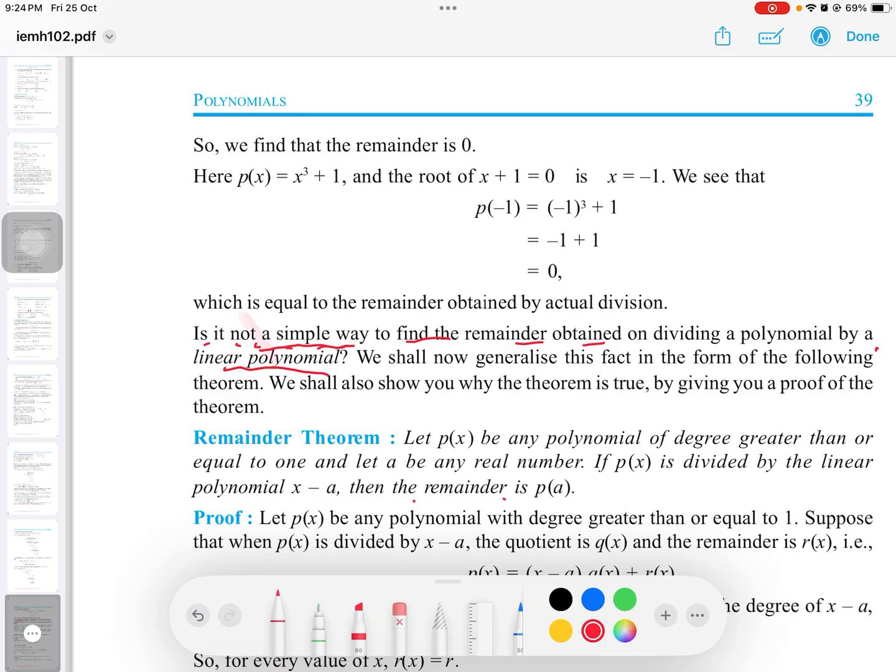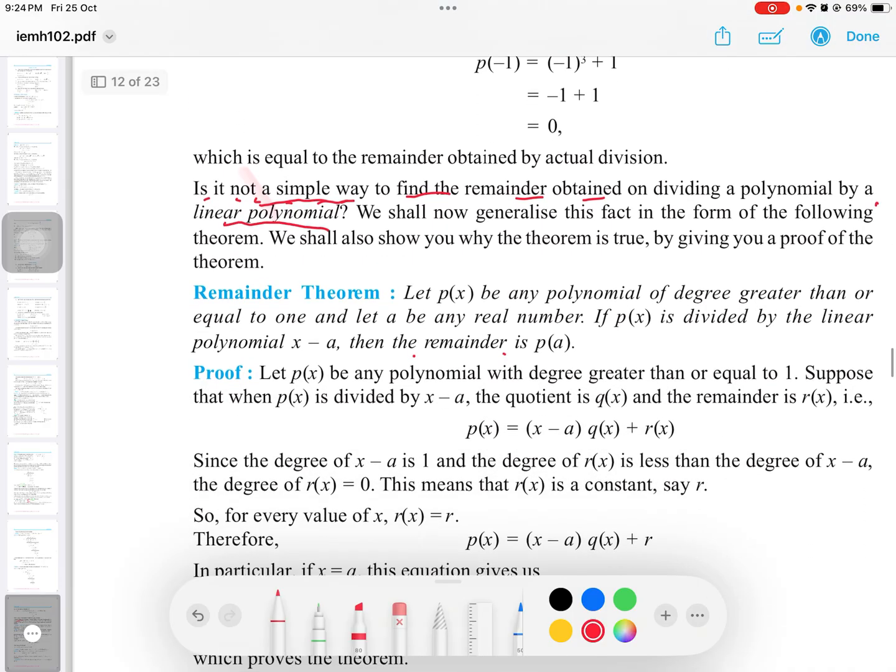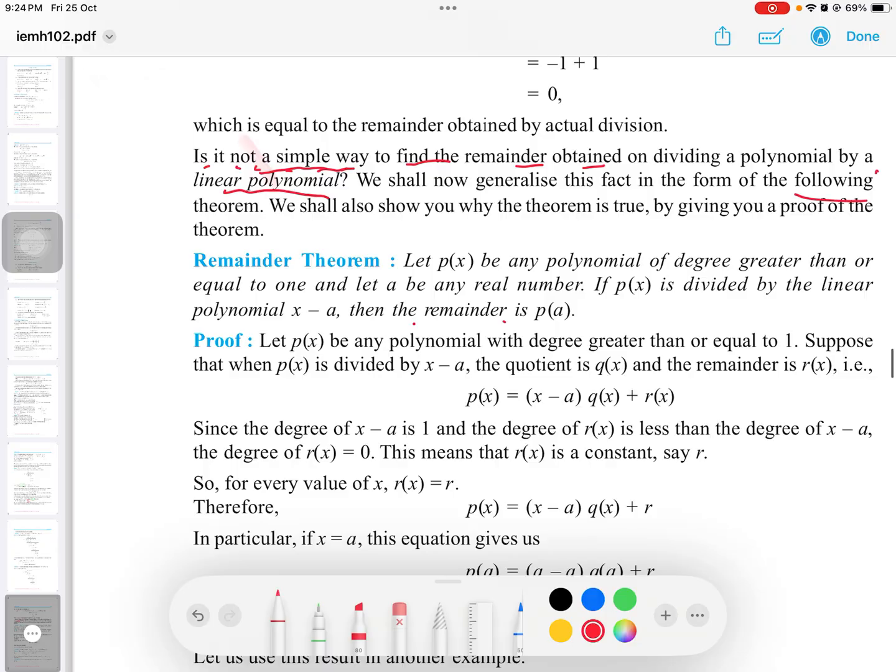So rather than doing all this long division, it is simple to find the remainder by dividing using a linear polynomial. So we are going to generate this in the form of a theorem, and that is the remainder theorem. And we will also be proving why this theorem is true, giving us a proper proof of this theorem.